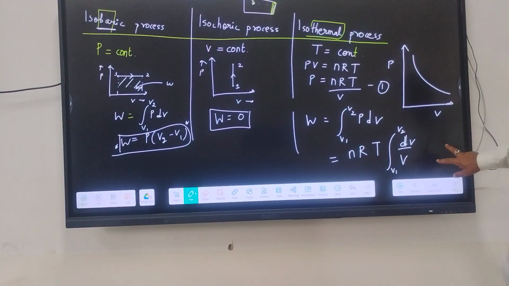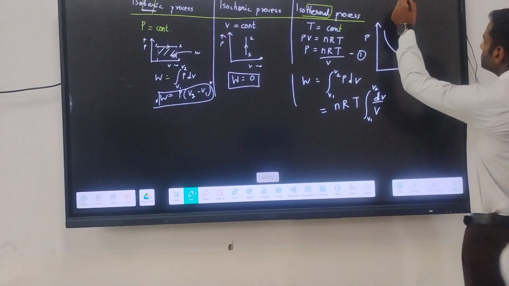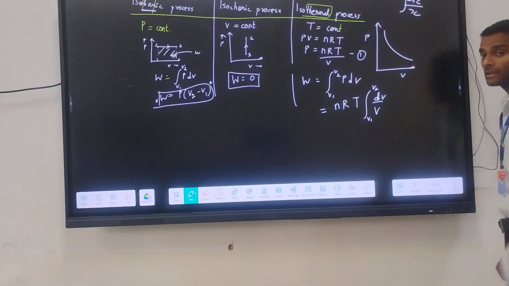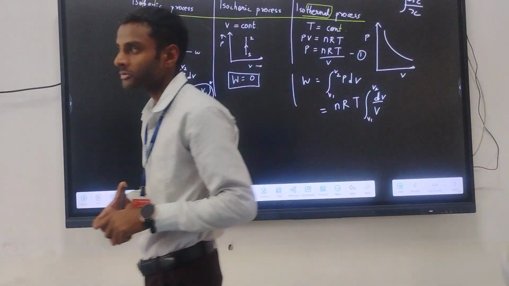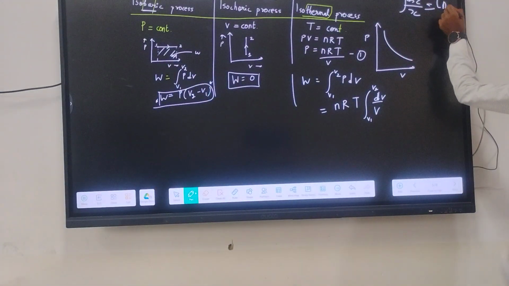If you know the integration of this: what is the integration of dx by x? The integration of 1 upon x is ln x.